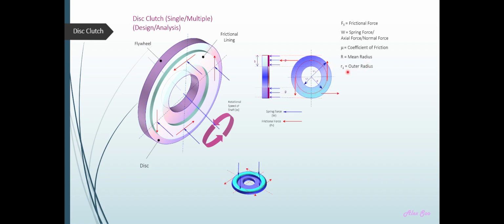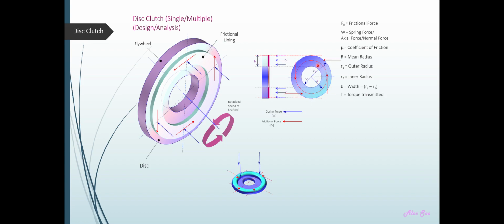So R1 the outer radius, R2 the inner radius. Outer is the maximum radius, inner is the minimum radius. And B would be the width of the frictional lining. So the width would be from this point to this point here. To find this length here, we would take R1 minus R2, so you get the width of the frictional lining material.